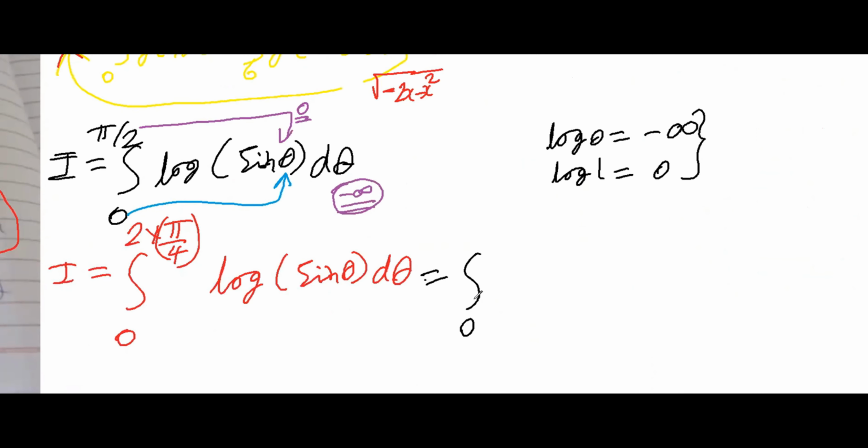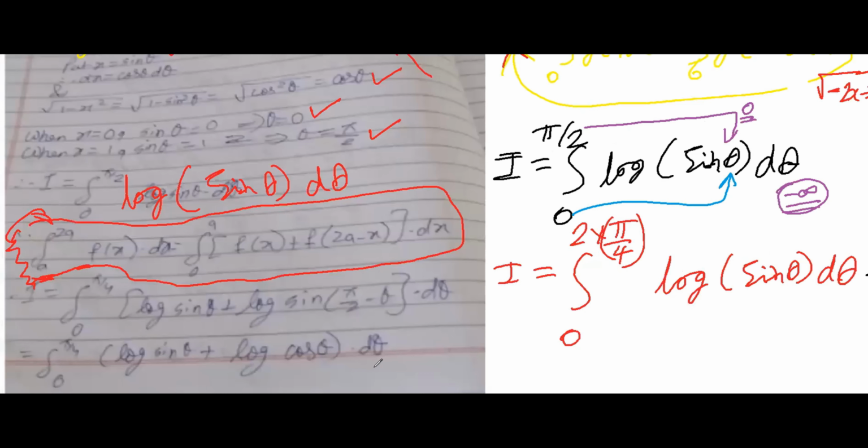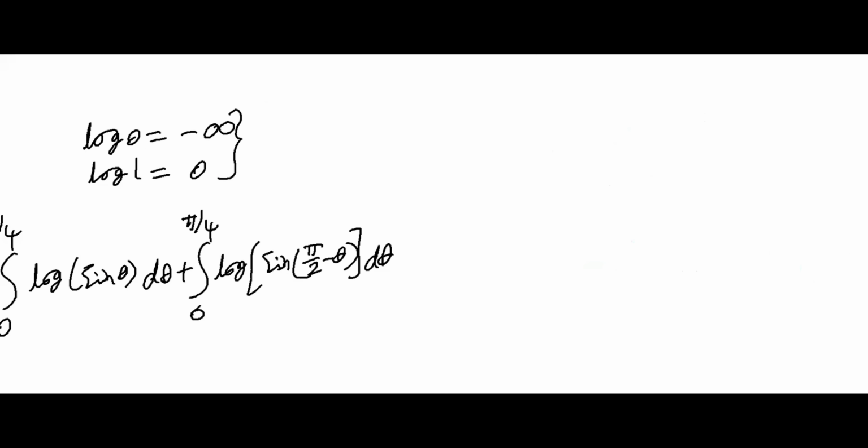It is 0 to pi by 4 log of sine theta d theta plus again 0 to pi by 4 log of sine, where this theta will be changed to pi by 2 minus theta. Don't make this mistake. It will not be pi by 4 now, it will be pi by 2 only, it will be 2a as per the property.